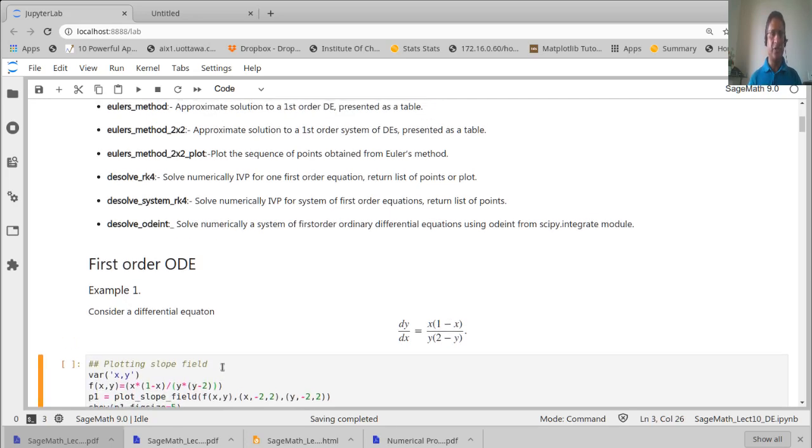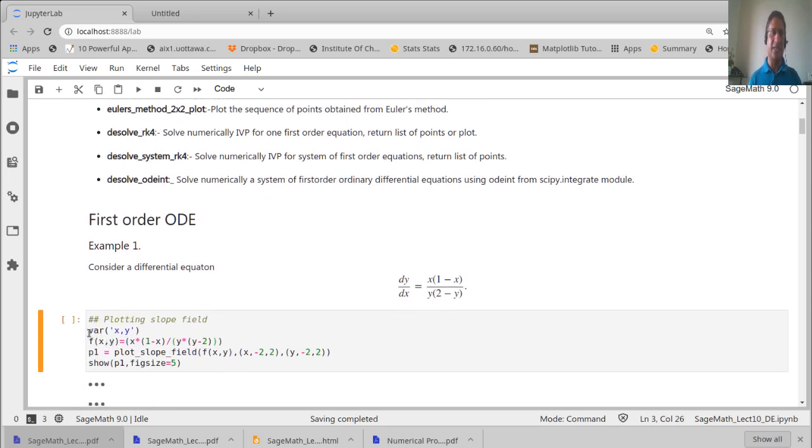We will first declare x and y as variables, and then define the right hand side of this differential equation dy/dx as f(x, y). So f(x, y) = x(1 - x) / (y(2 - y)). That's the differential equation, right?